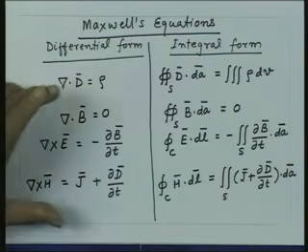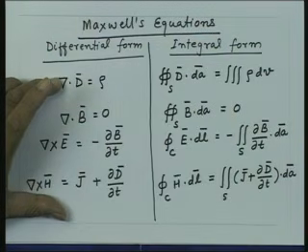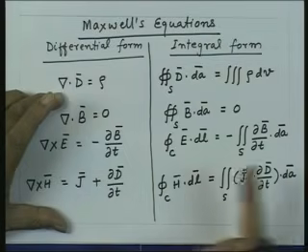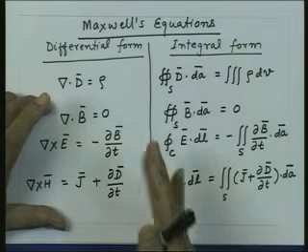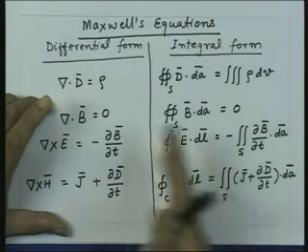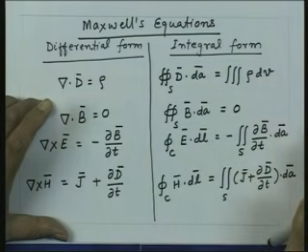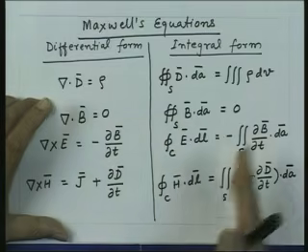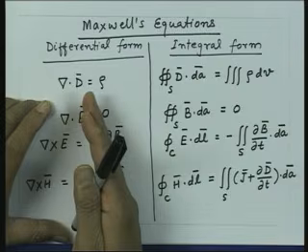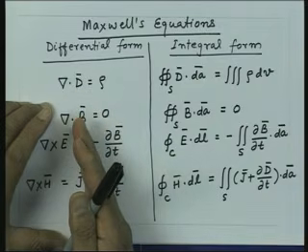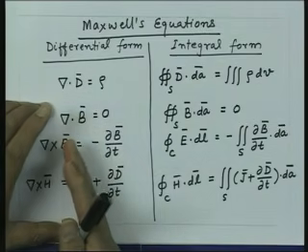Now, as we mentioned earlier, these equations which are in differential form cannot be applied in a situation where the medium has discontinuity. That means, if we talk about the media interfaces where the medium properties suddenly change, the permittivity may change or permeability may change, and there the space derivatives cannot be defined because the medium is discontinuous.